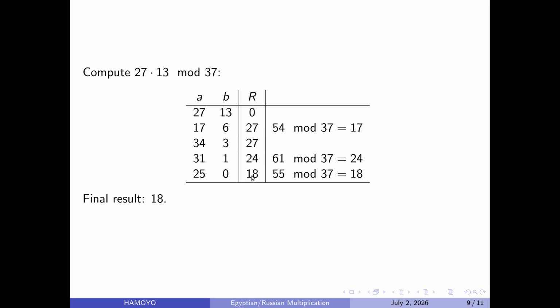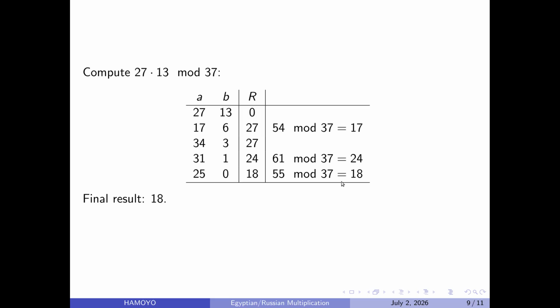We have 18 here because 31 plus 24 is 55, and we're working modulo 37, so 55 modulo 37 is 18. Multiply this by 2, we have 62 modulo 37, which is 25, and then we divide B by 2 to get 0, so this is our stopping criteria.